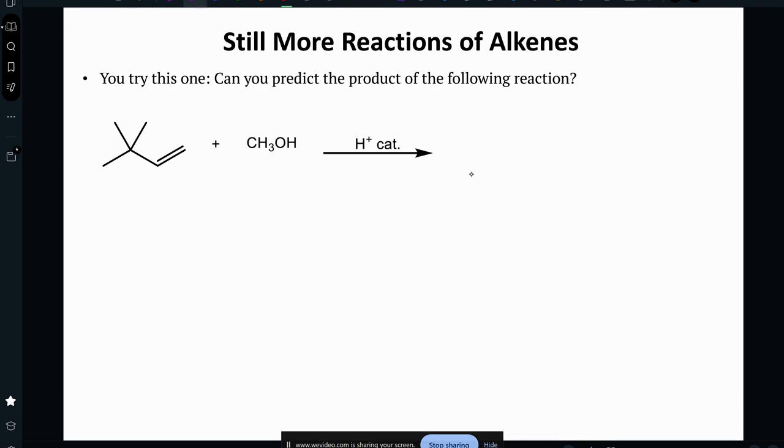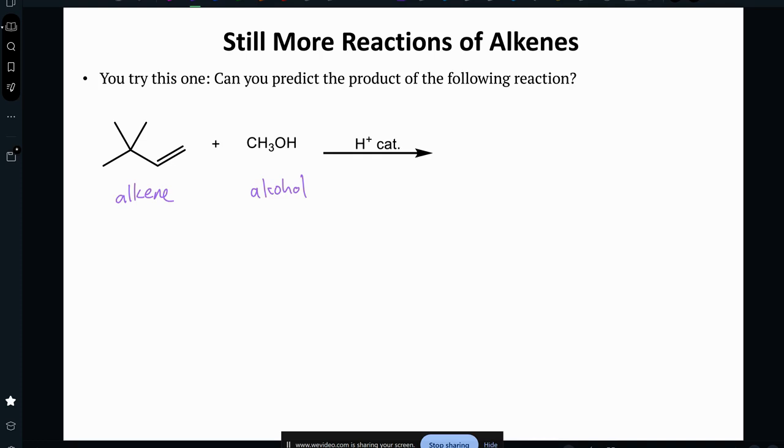So in the second case here, I have an alkene, I have an alcohol, and I have an acid catalyst. Think about how this might result in something different. And you're going to need to think back to module 15 on carbocations to think about, given this starting alkene, what else might take place in this reaction.